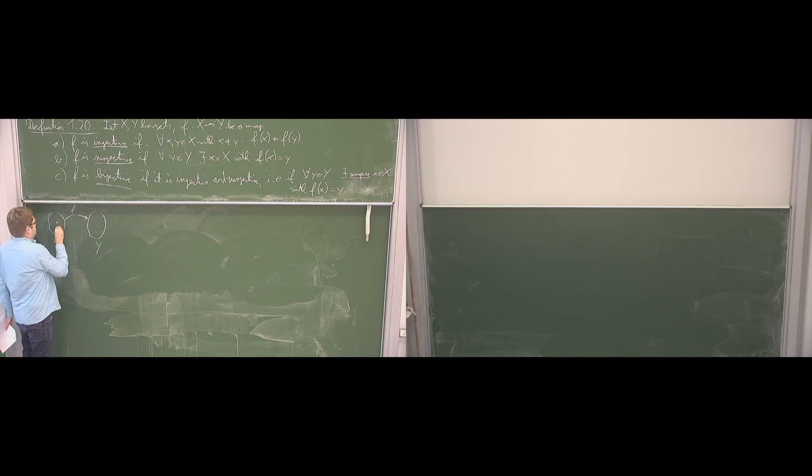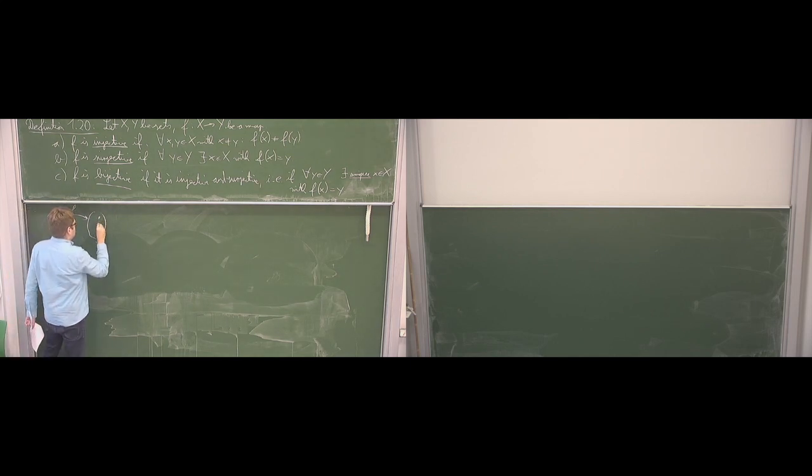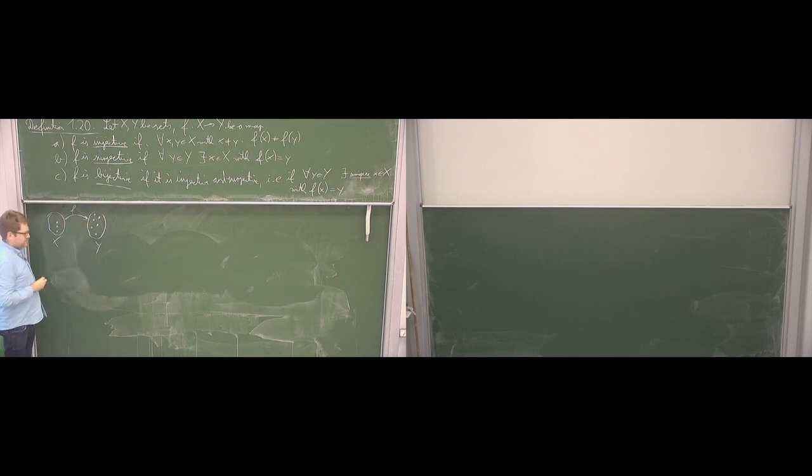So if we have some points in here, and we have an injective map, this means that this point is mapped onto some point here, this point is mapped onto some point here, this on some other point, but the important thing is no two different points are mapped to the same point. We can always distinguish and trace back which point we started with. So this would be injective.